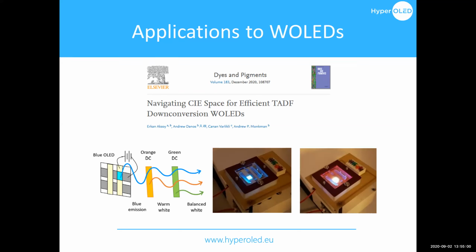But because we're not touching anything about the blue LED underneath, we were still getting the same kinds of efficiency and performance out of that OLED as we would have otherwise. So we didn't have to worry about very much optimization inside the LED.